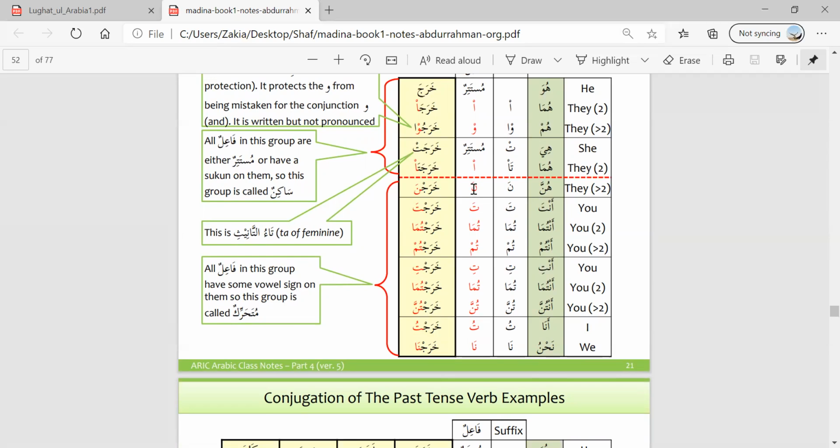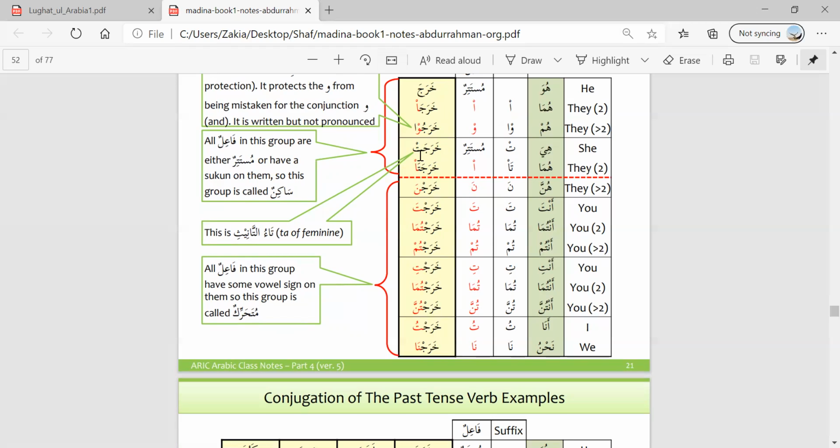So the ending is what matters, and this addition shows you who we are speaking about in the past tense. If I see this, I know it's talking about he in the third person. If I see this, I know it's talking about the dual masculine. If I see this, I know it's talking about masculine plural.